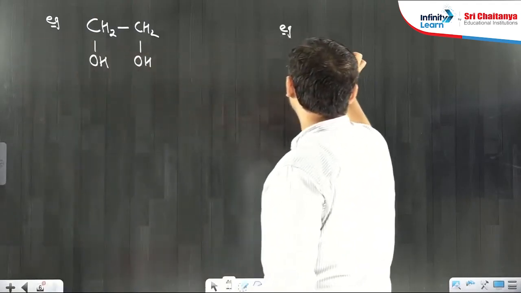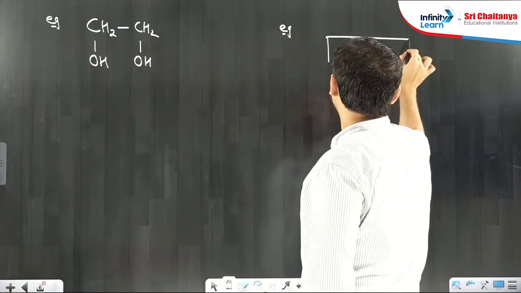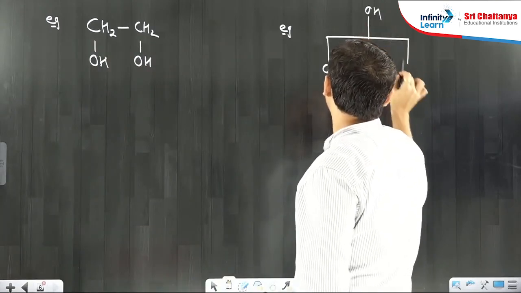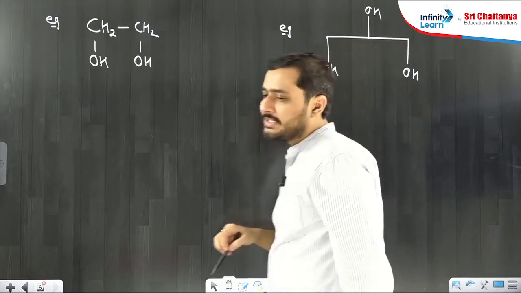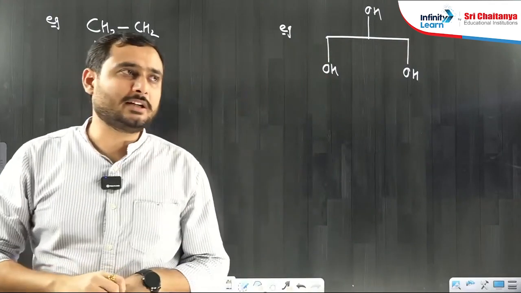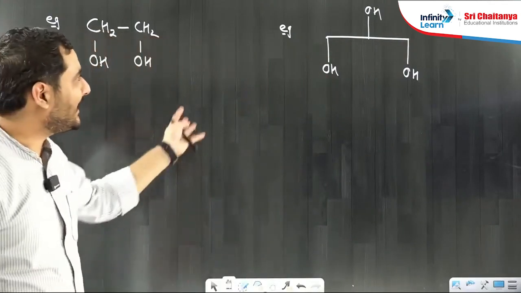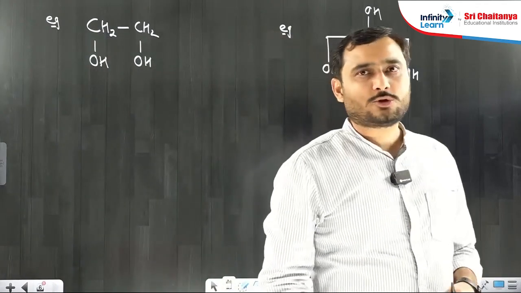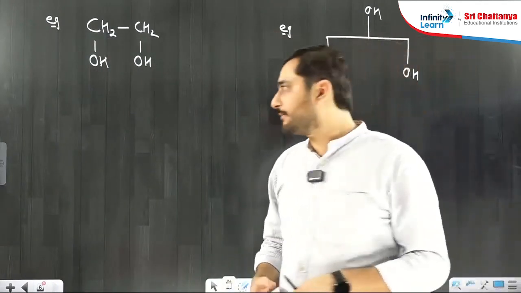And the next example we are taking is 3 carbon atoms, and how many OH groups are present? 3 OH groups are present. In the first case, 2 OH are present, and in the second case, 3. So to specify the number, we have to use di, tri.